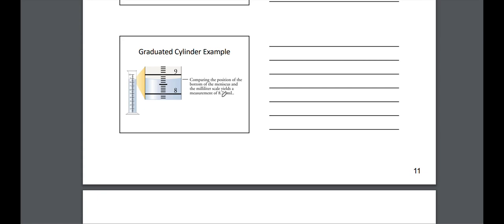So it's 8.7. Now, because it's not really resting on the 7, it's somewhere between the 7 and the 8, my last digit here will be considered my uncertainty because I could see this as 8.74. Someone could see it as 8.75. Someone could see it as 8.73. So that is considered my uncertainty.